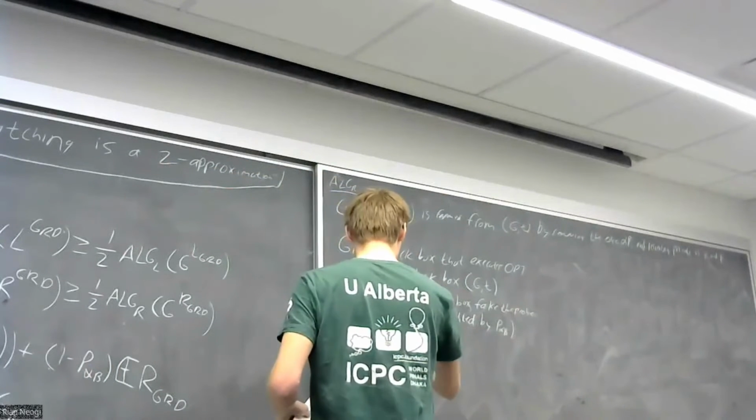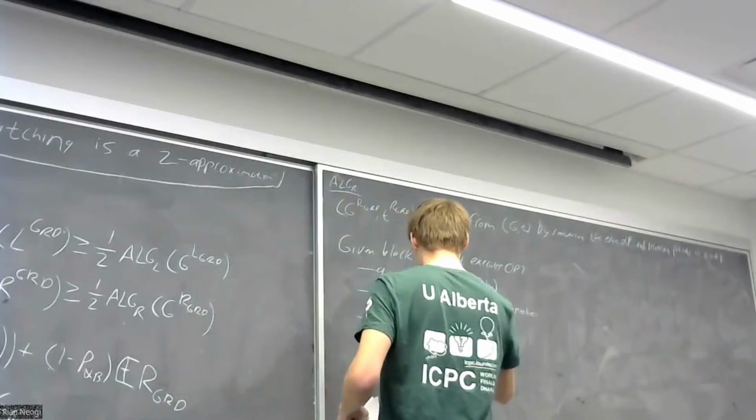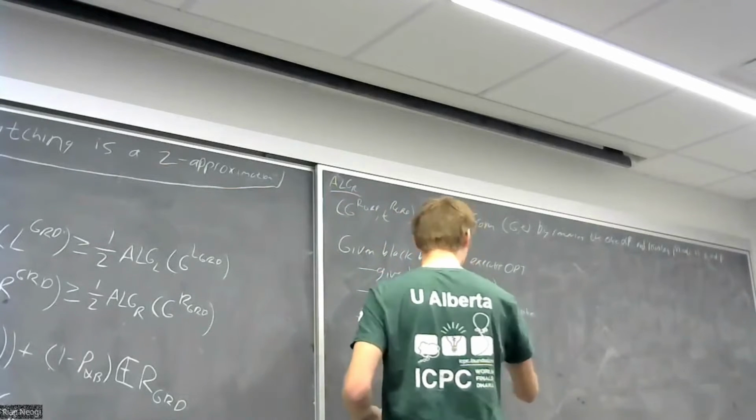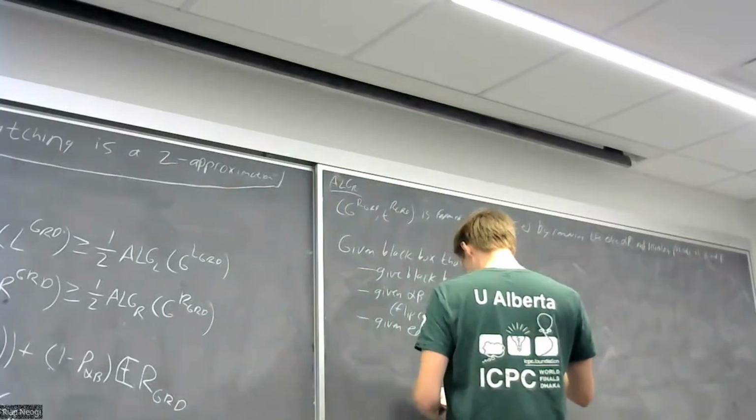And the other case where it's bad is if we're given some edge that would be the T alpha probe of alpha or the T beta probe of beta. Everything before that is fine, but that very last one.